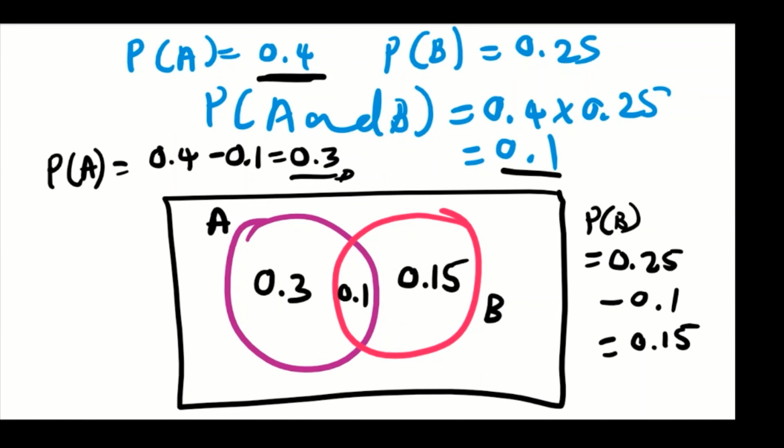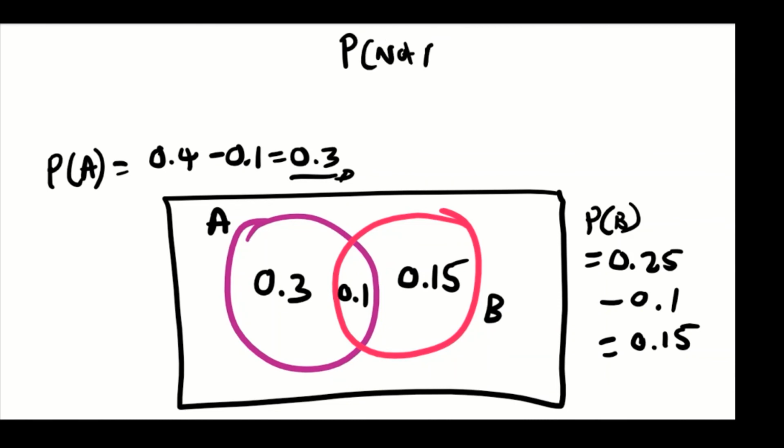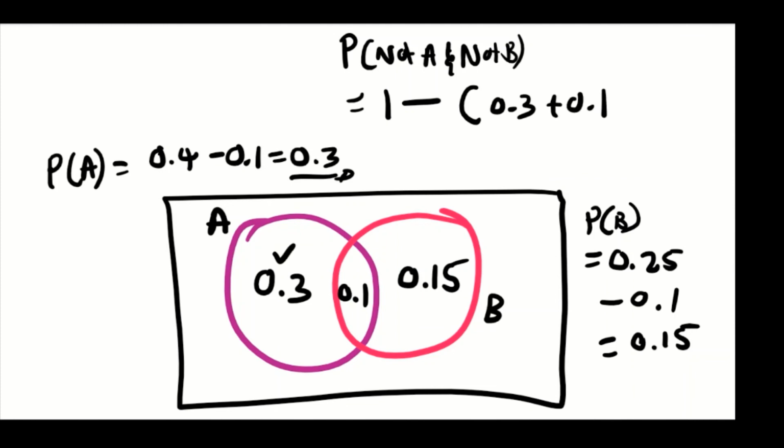So 0.15, and then we want the probability of not A and not B. How we get this probability is by saying 1 minus the union, I mean both A and B. So it's going to be 0.3, which is this one here, plus 0.1, which is this one here, and 0.15.